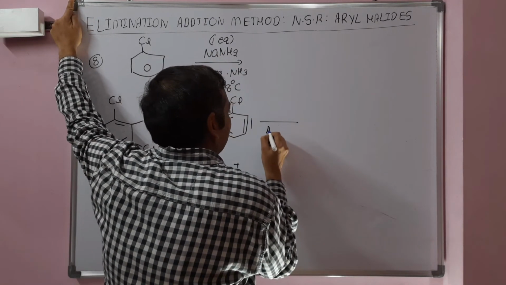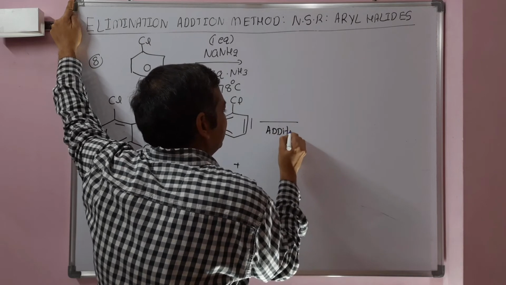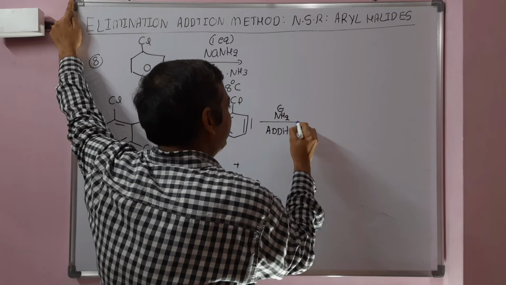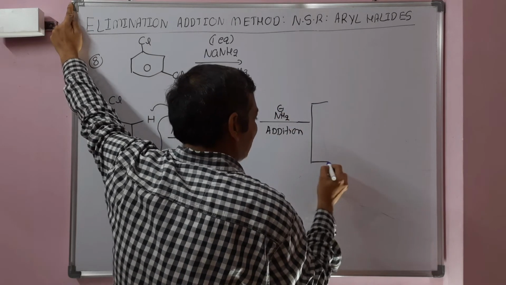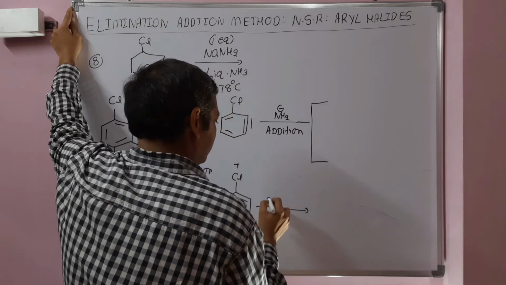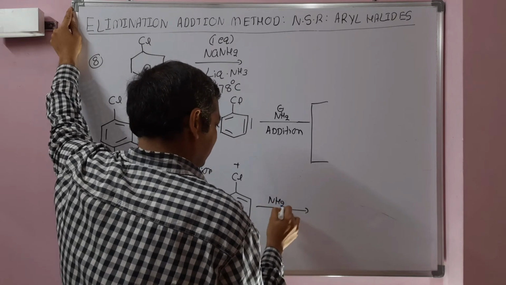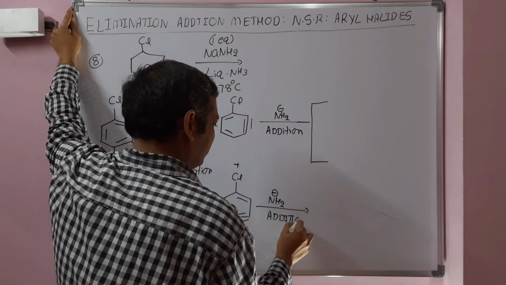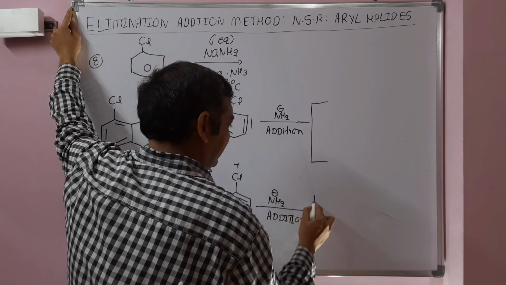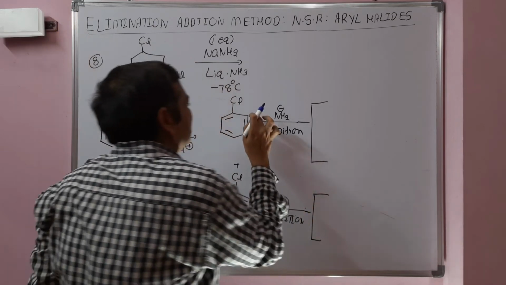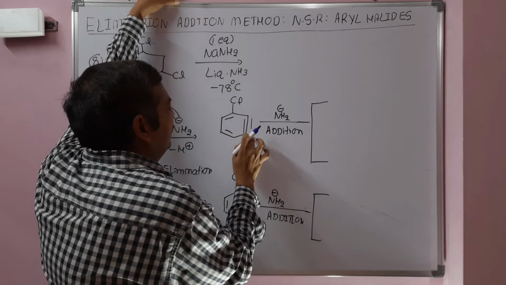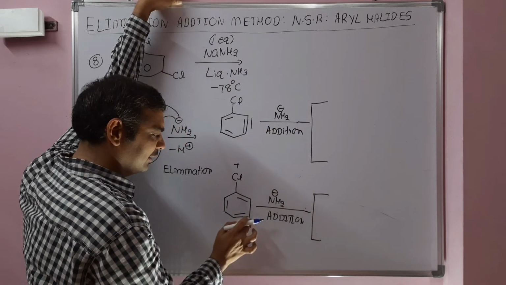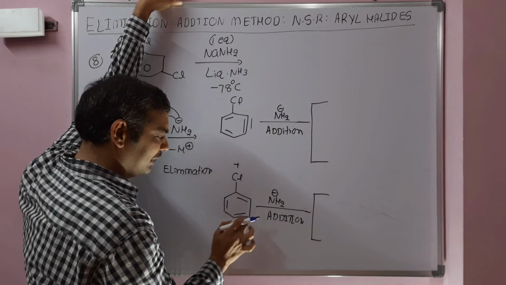the next step is the addition. NH2 minus will attack over the triple bond of the benzyne. So elimination is followed by addition. Let's see. NH2 minus attacks here, carbanion here. NH2 minus attacks there, carbanion there.